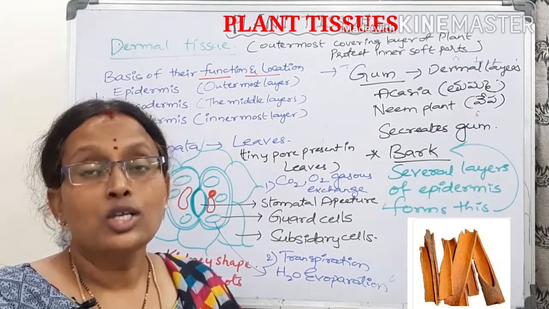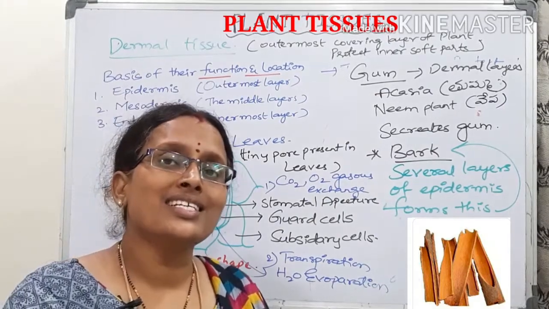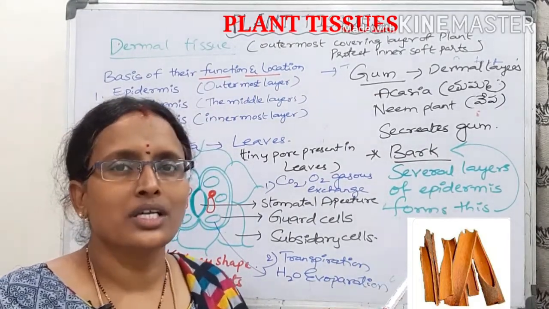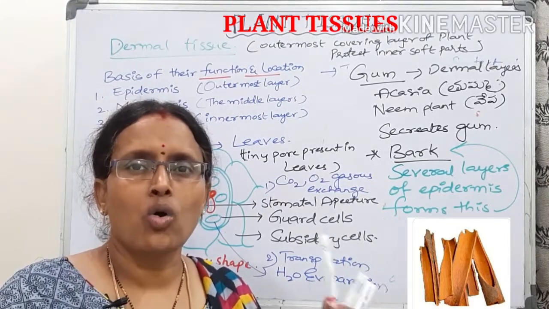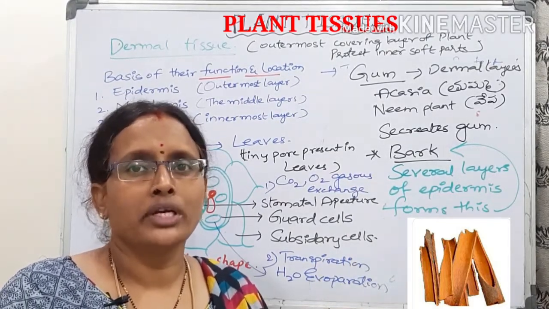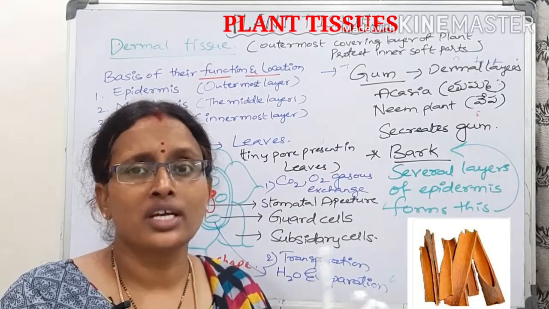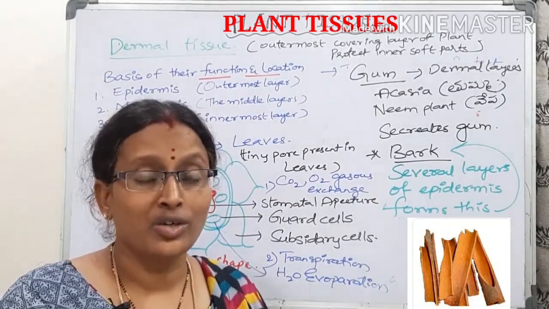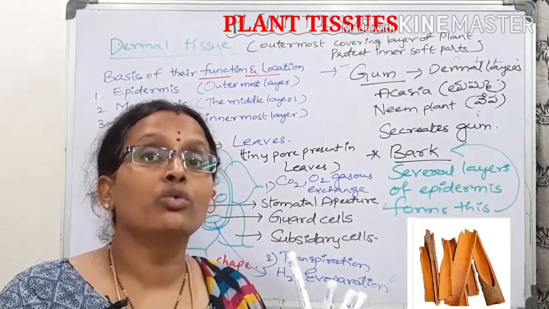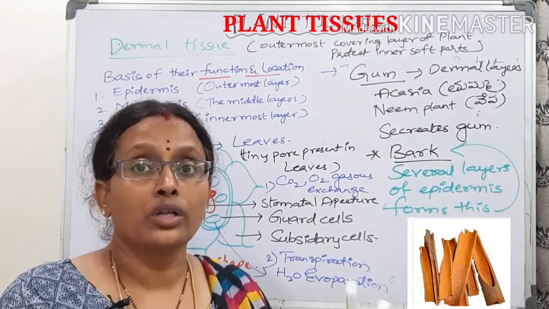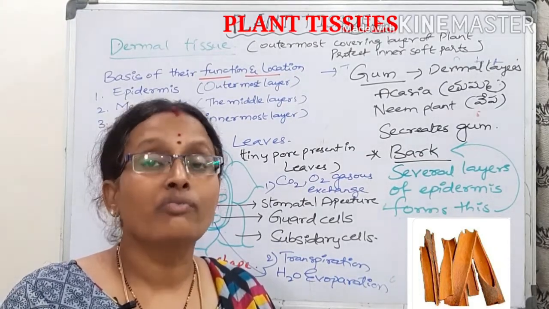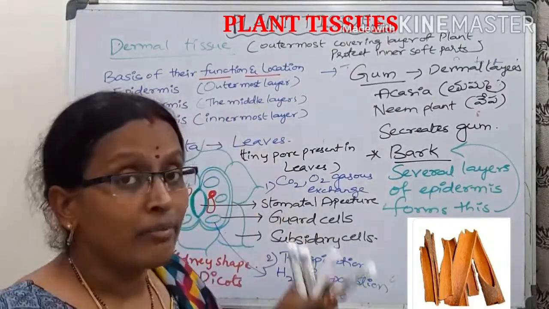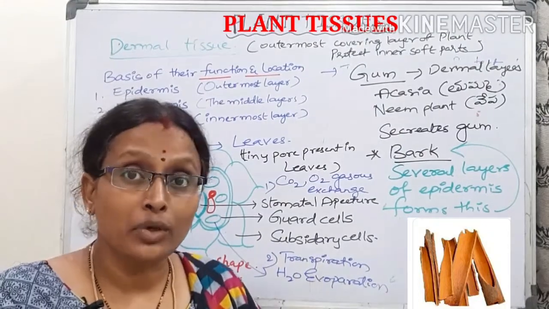Next, they protect from parasites and bacteria. If the innermost parts are open, there is a chance of all the pathogens entering. When we construct a house, we construct the walls and everything, and we construct an outside boundary also. Why do we construct a boundary even though we have walls around all the rooms? Because of more protection. Like this, these dermal tissues are also for protection.